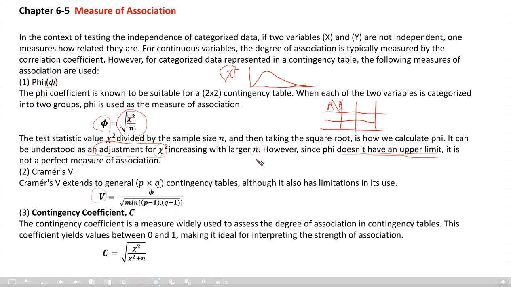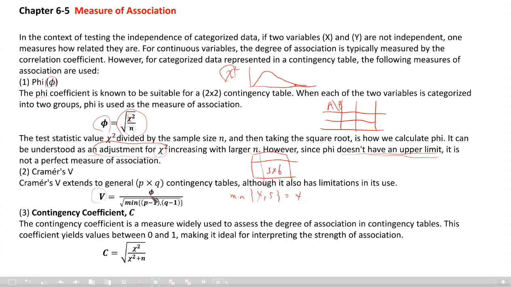So if you have a 5 by 6 contingency table, then the minimum of P minus 1 and Q minus 1 is the minimum of 4 and 5, which is 4.